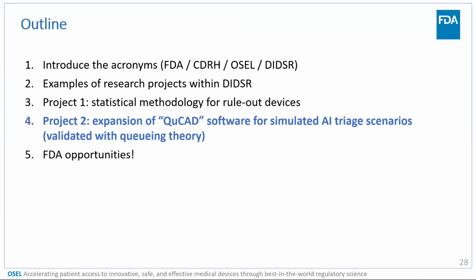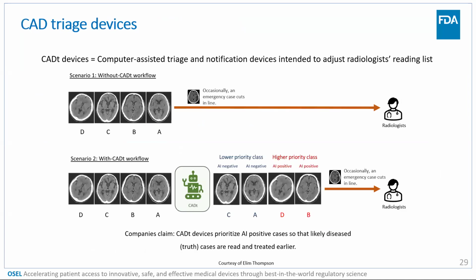Okay, and then this next project, I think it'll be interesting to this audience. This is all about evaluating CAD triage devices. Up to now, I've been talking about rule-out, but triage devices basically rearrange a patient queue. In a scenario without a CAD-T device, you basically have a first in, first out scenario where patients are seen by the radiologist according to when they enter the clinic.